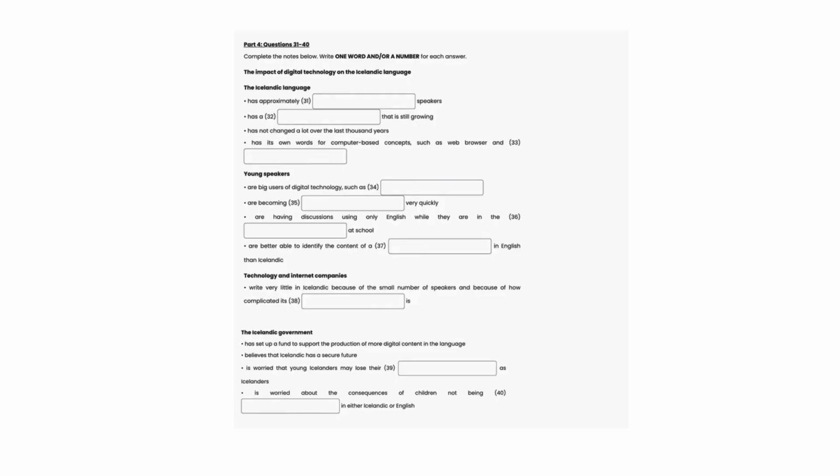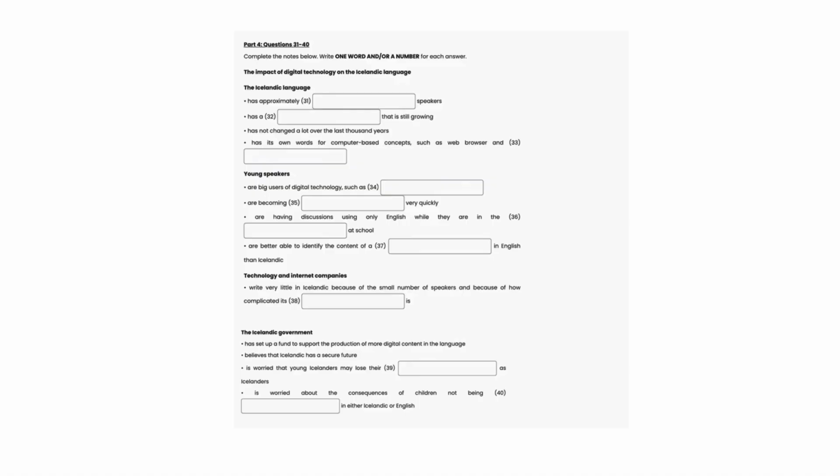In order to illustrate its effect, I'm going to focus on the Icelandic language, which is spoken by around 321,000 people, most of whom live in Iceland, an island in the North Atlantic Ocean. The problem for this language is not the number of speakers, even though this number is small, nor is it about losing words to other languages, such as English.